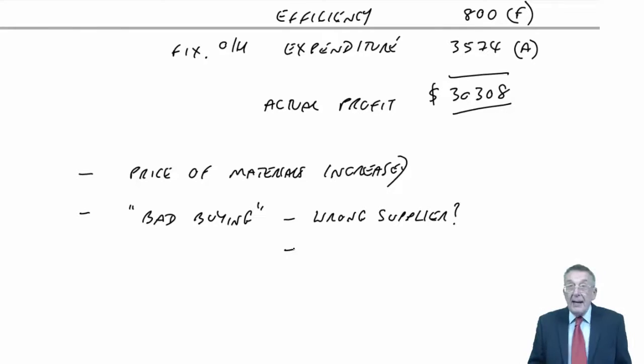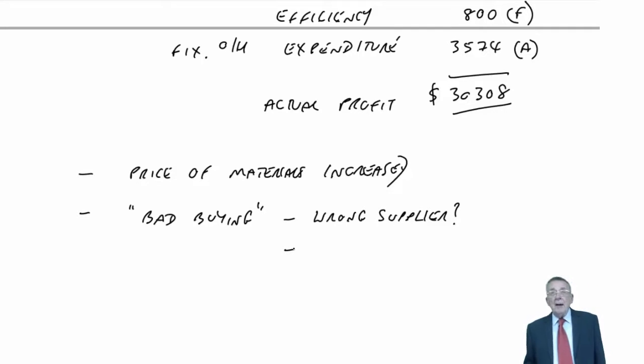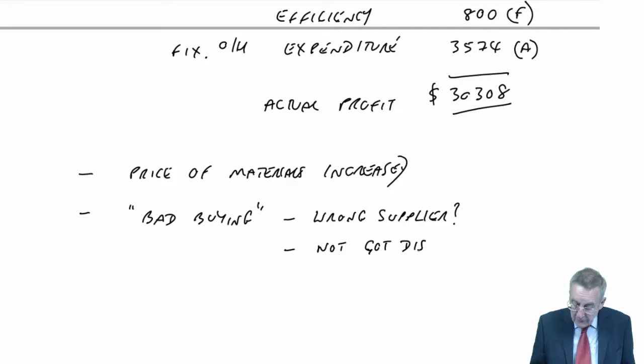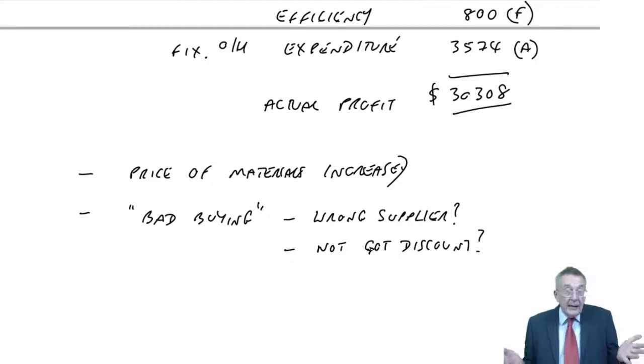Or maybe, again, bad buying, maybe we should have been able to get a discount, but the purchasing manager didn't fight hard enough. We didn't get the discounts. It's possible. Again, I don't know why here. We won't know why in the exam, but it's possible.